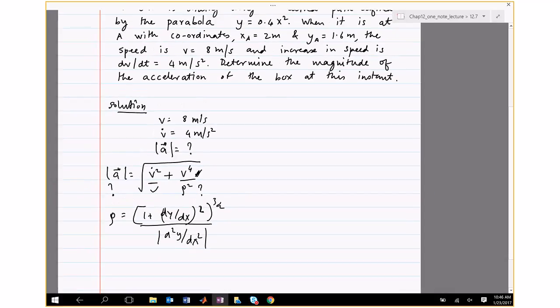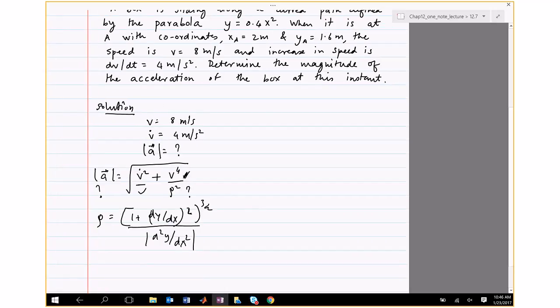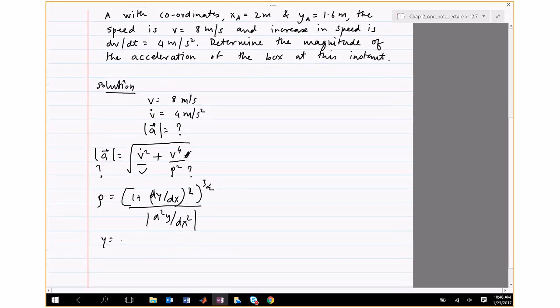We know that y is 0.4x squared. So dy/dx is 2 times 0.4 times x, and d squared y by dx squared is 2 times 0.4. In order to find rho, we need a value for rho. It's the radius of curvature. So we need to find rho when y is 1.6 and x is 2 meters.